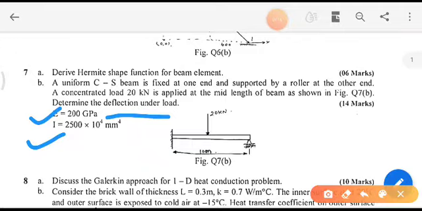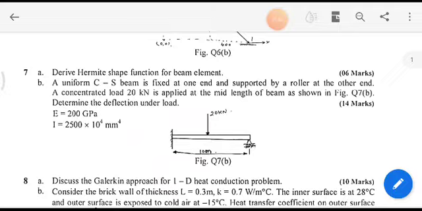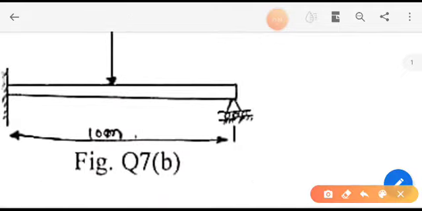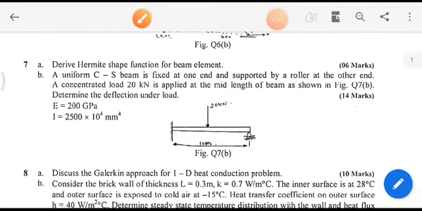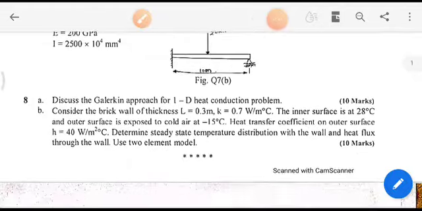In the sense, at the roller end we can see movement of the beam along the x-axis, whereas vertical movement is restricted by this support, whereas horizontal movement is possible because it is supported by rollers. Okay, fine. Now we will start the problem. We will approach how to solve this.